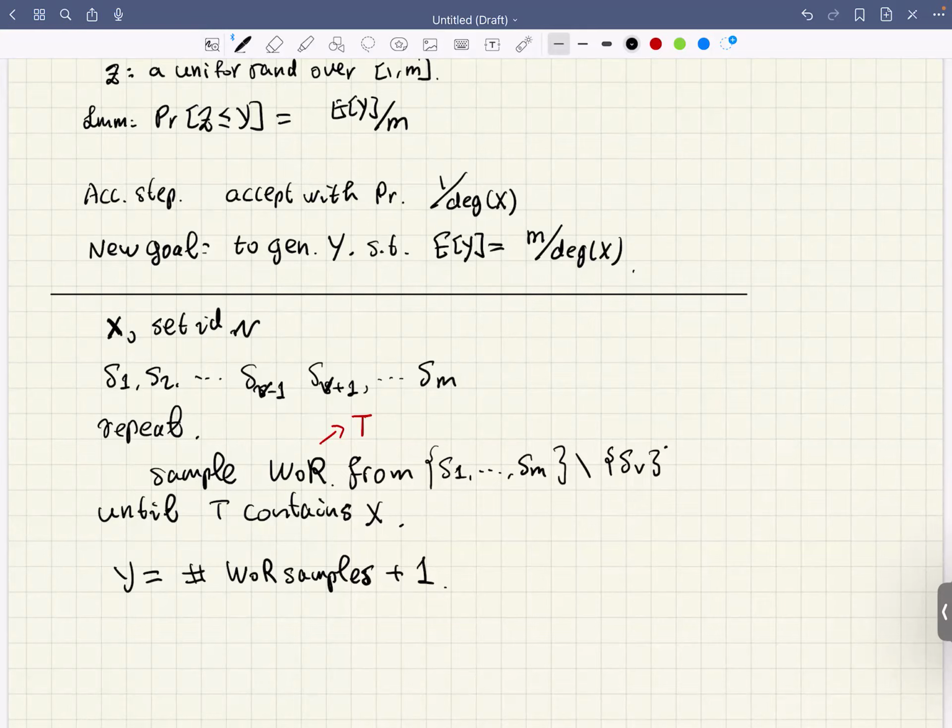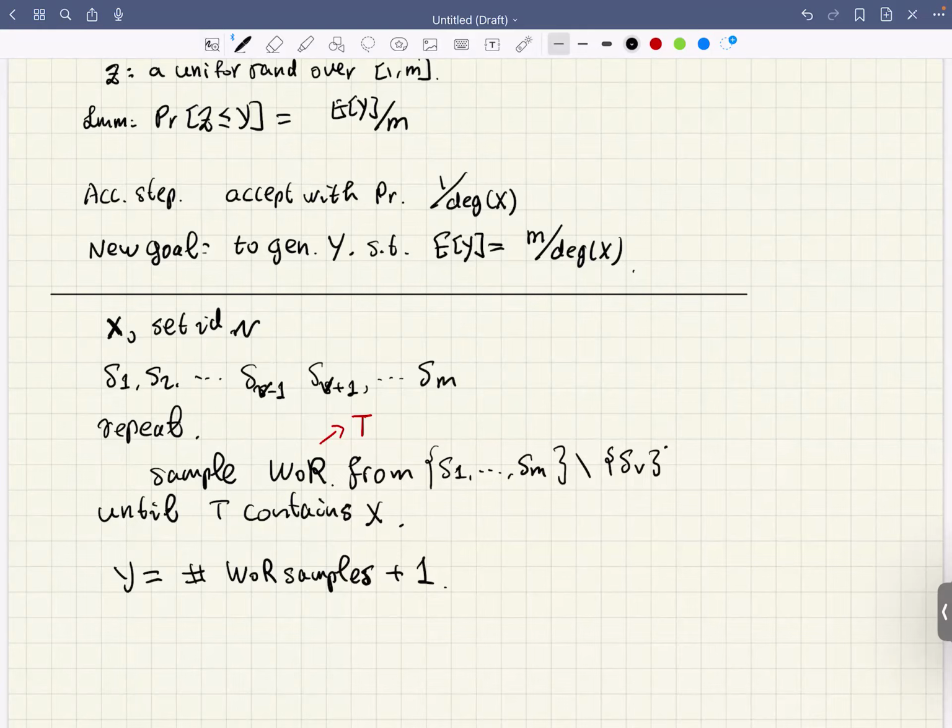If you keep sampling without replacement, how many samples do you have to get? You have to get all of them, because you'll never see a set containing this element. So the number of WOR samples will be precisely m minus 1, and then plus 1, that's exactly what I promised.